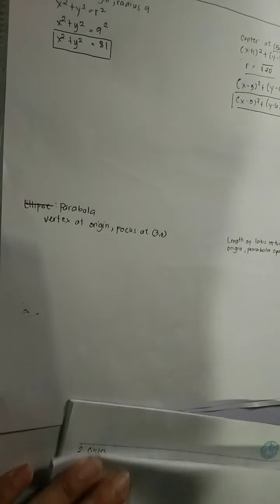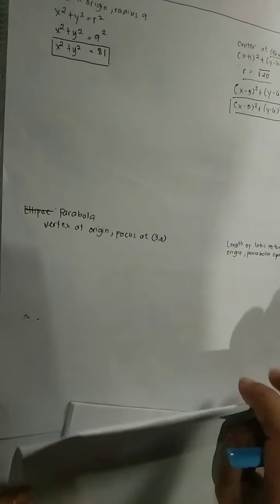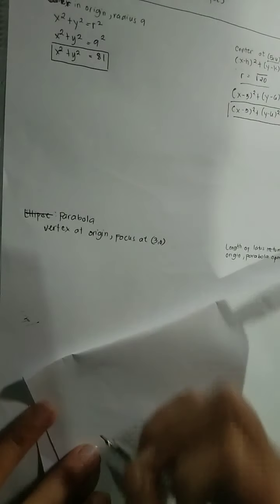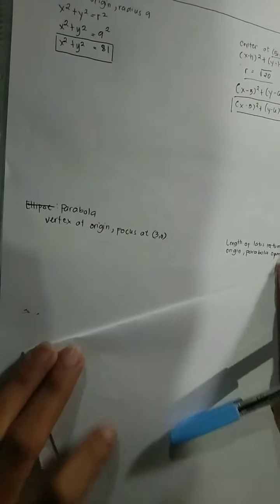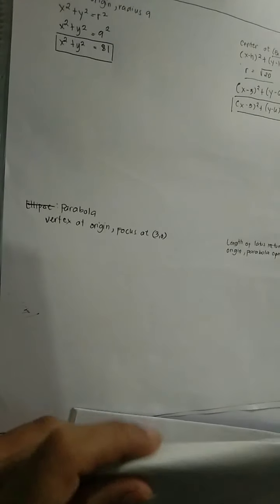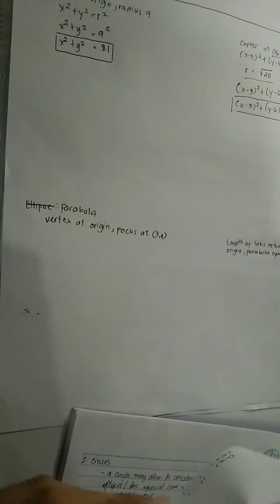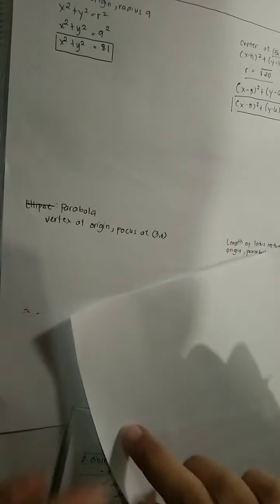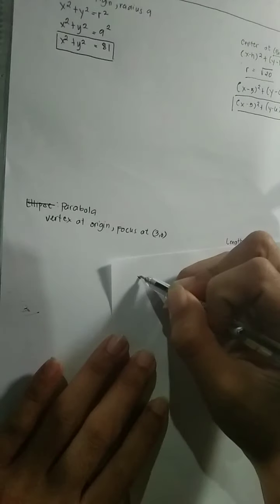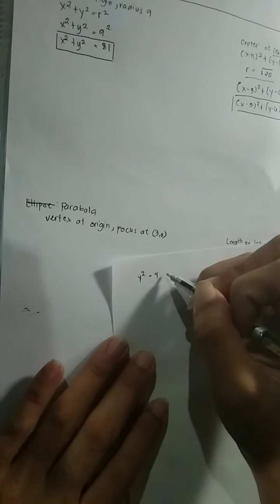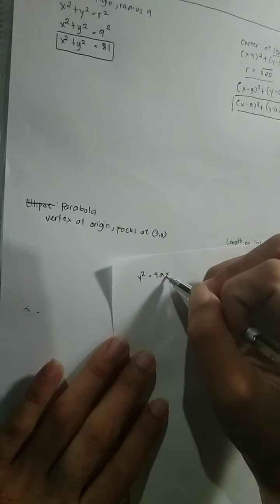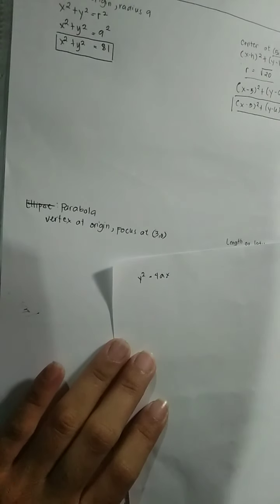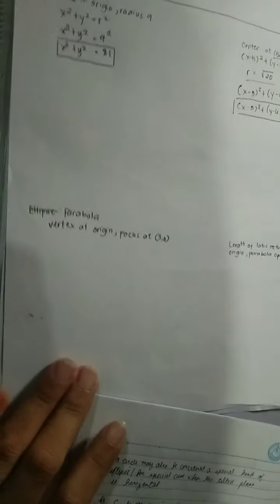By the way, I forgot to write na kapag, or if the parabola has a vertex at origin, it has a different form, or a simpler form, which is y squared is equal to 4ax. Ayun.